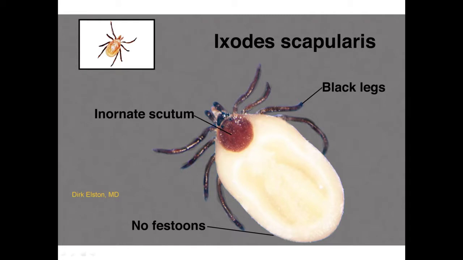The Rhipicephalus ticks, the basis capituli looks like a hexagon with points going out the two sides, and Ixodes doesn't have that. If you flip them over, Ixodes has an anterior anal groove. So see the way this looks like a horseshoe?